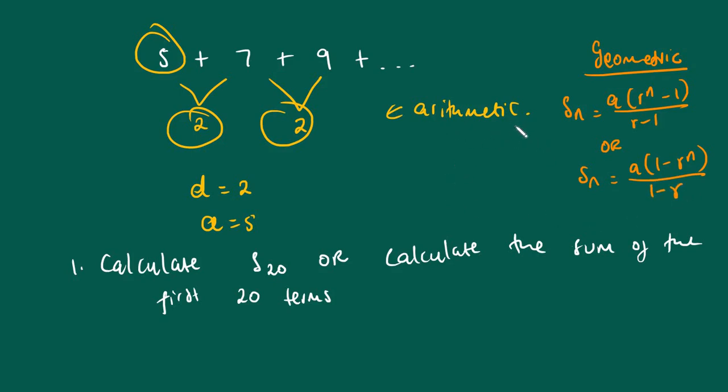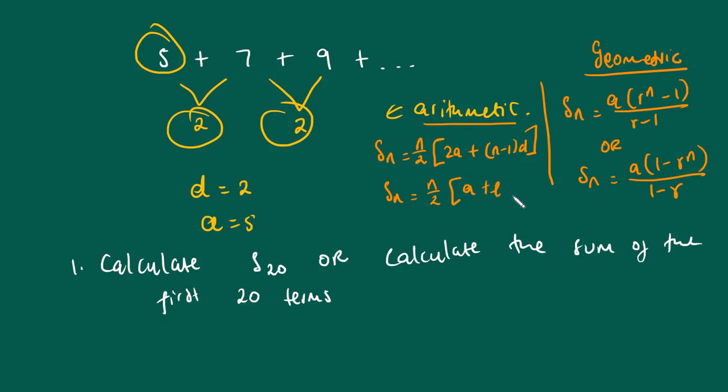Then when you have to do that for an arithmetic, you use the formula Sn equals n over 2 into 2a plus (n minus 1)d, or you say Sn equals n over 2 into (a plus l).